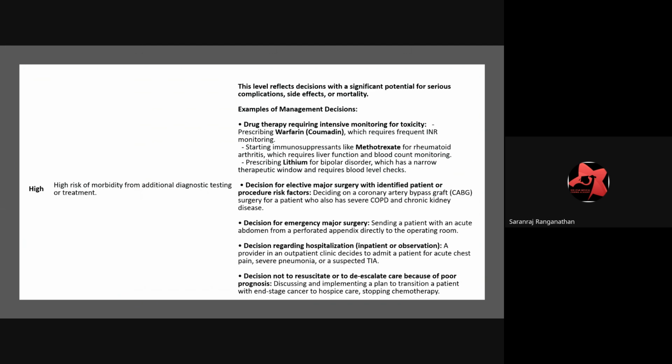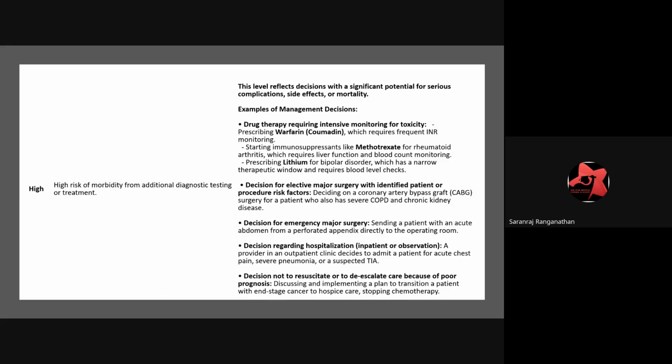In the same way, we have drug therapy management and a decision for elective major surgery with identified patient risk. So we know the patient is a BP patient or COPD patient, and still I do some kind of surgery. Then there is the high level: a decision for emergency major surgery, a decision regarding hospitalization, whether the patient becomes an inpatient or observation patient, and a decision to resuscitate or de-escalate, which means we cannot treat anymore and you can take the patient home. That is also called resuscitate or de-escalate, and it comes under the high level.